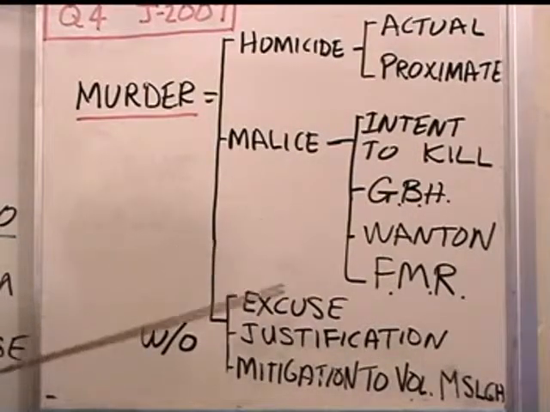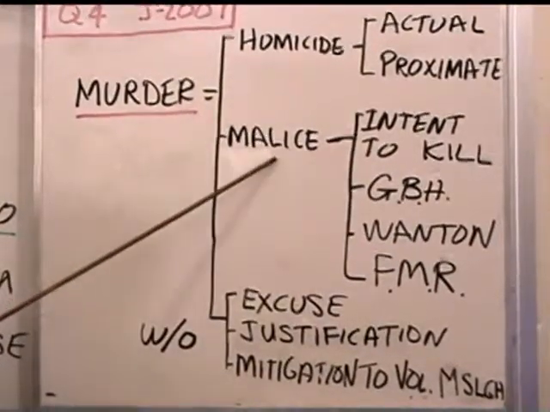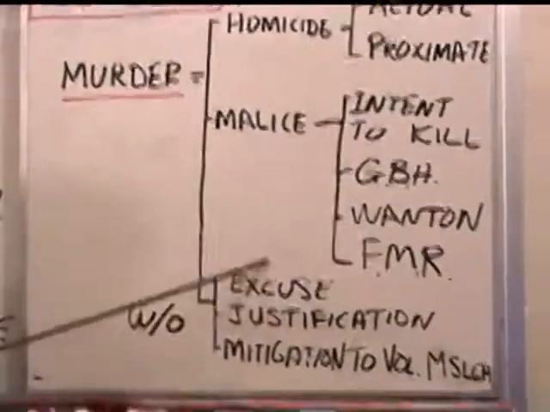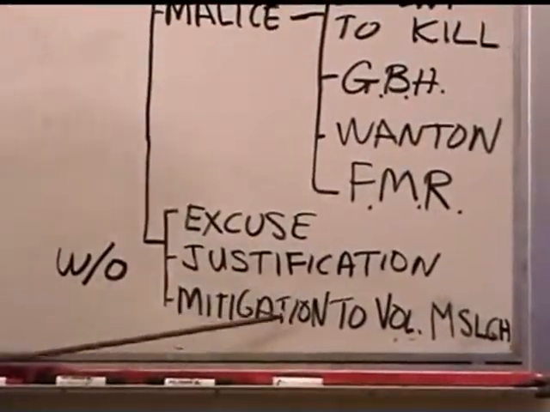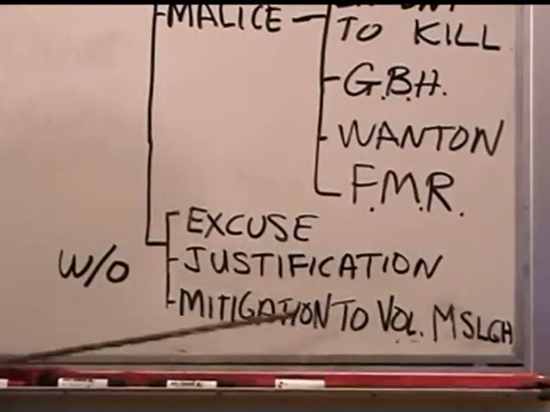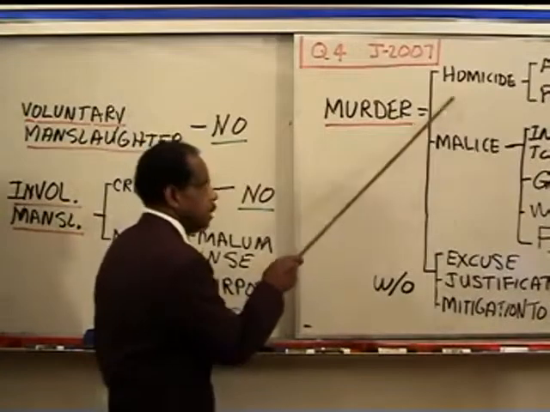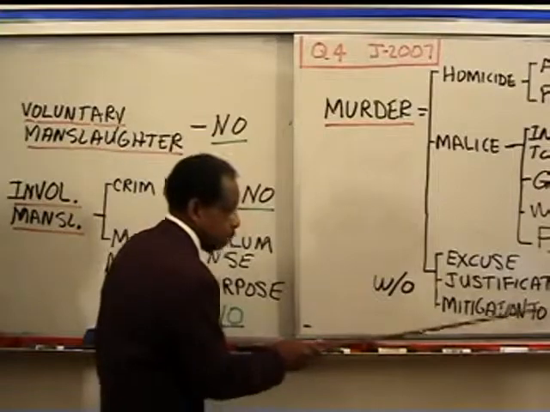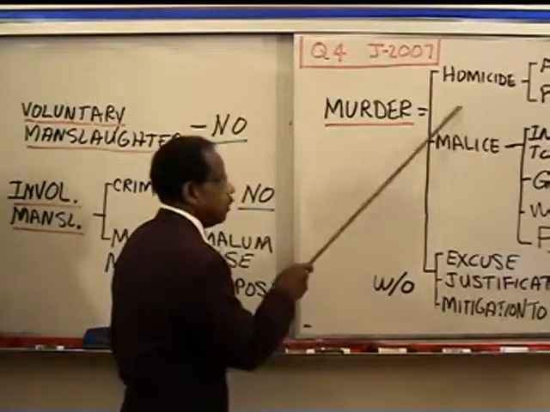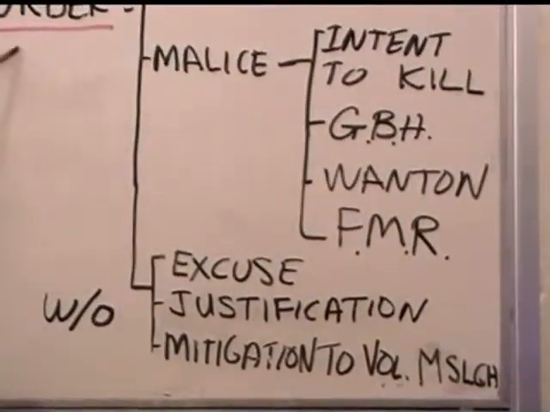And so in our case, Dan, we have, probably didn't commit the homicide, doesn't have the malice, and so we don't need any of this. When a crime is mitigated to voluntary manslaughter, it means you already have found what would normally be common law murder, and you're mitigating that common law murder down to voluntary manslaughter. But if you don't have what would have been common law murder, you don't get to these issues. So Dan is not guilty of murder.